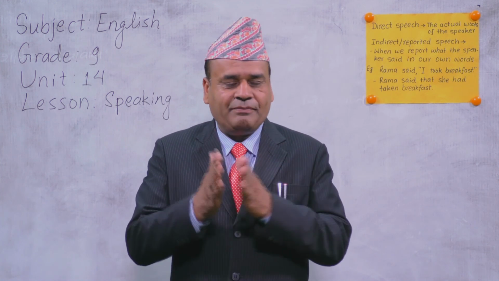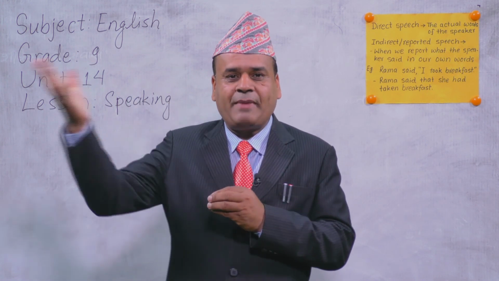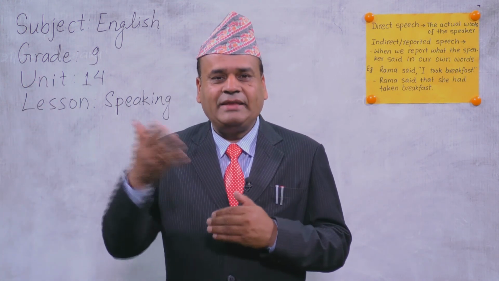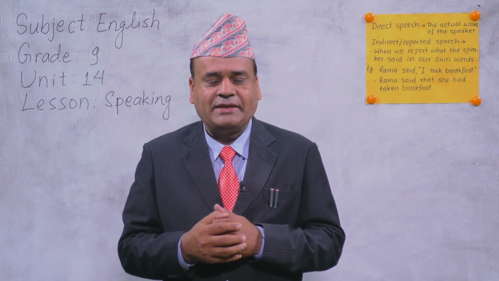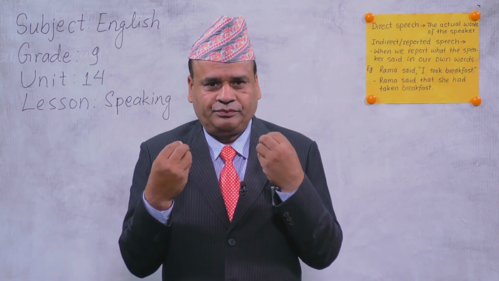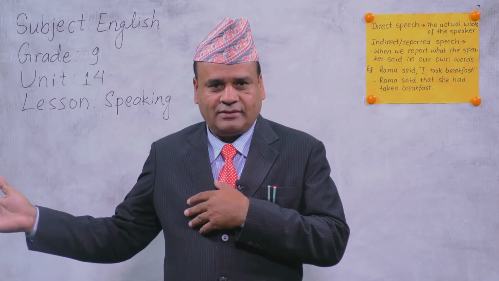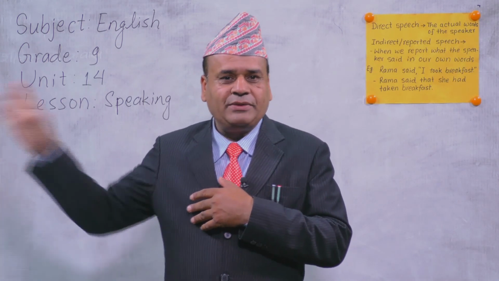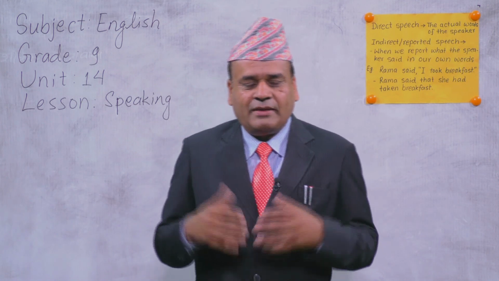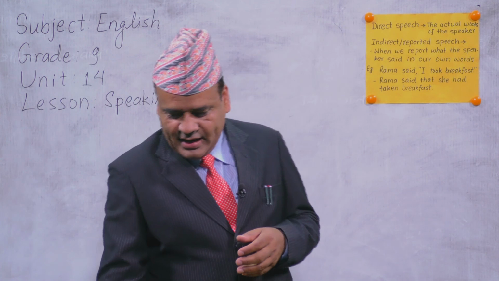And when the same word, phrase or sentence is reported by another person, not the speaker, that becomes indirect. For example, your friend says something to you, and you tell the same thing to another person. What you tell to the other person is indirect. That's what we are going to learn in unit 14, speaking.